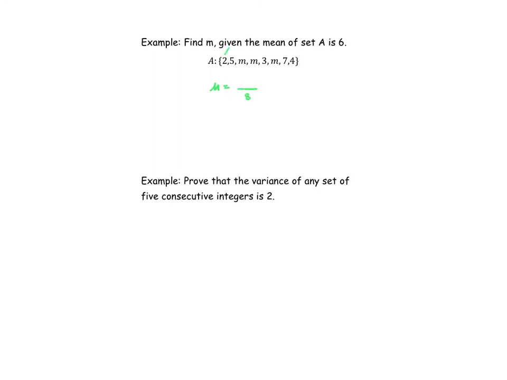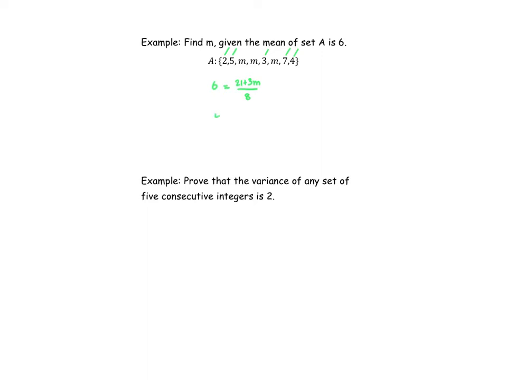So if I add the terms, it's 2, 7, 10, 17, and 21. Okay, so 21 plus 3 m's over 8 is equal to mu. Well, I'm told that mu is equal to 6.